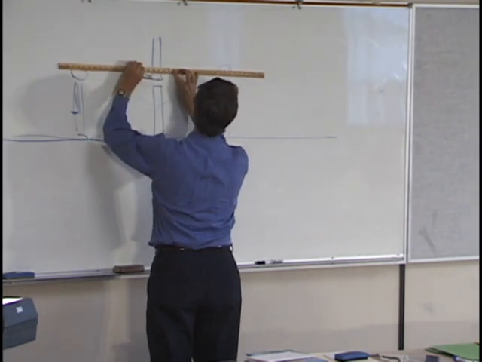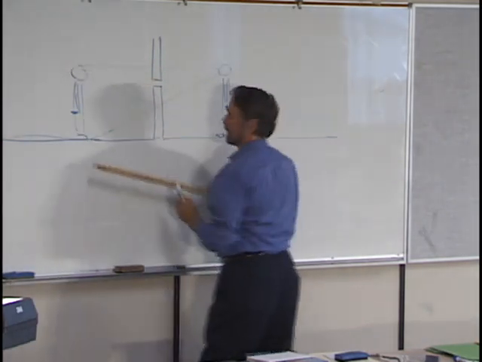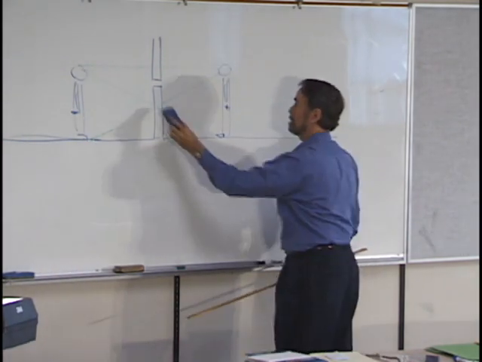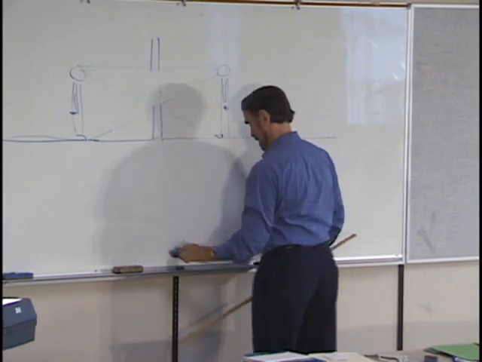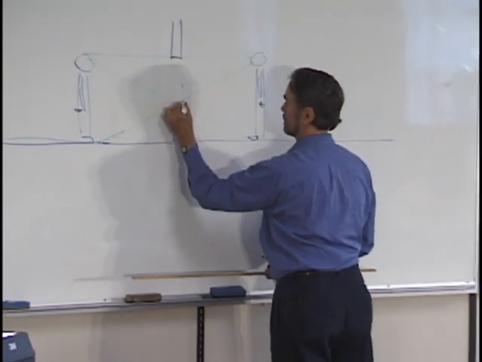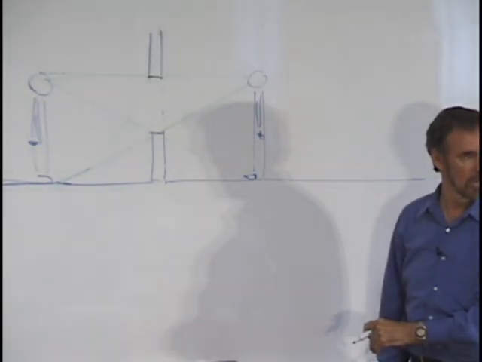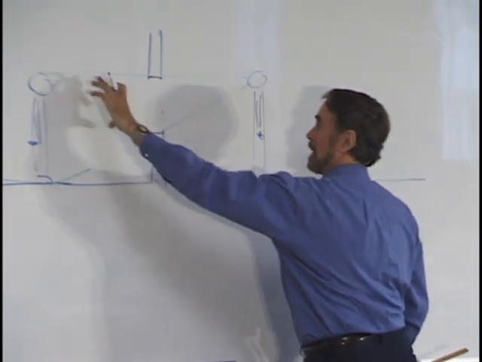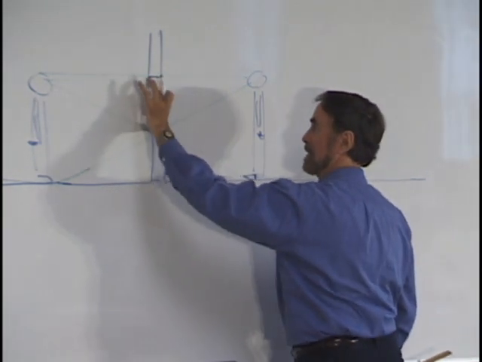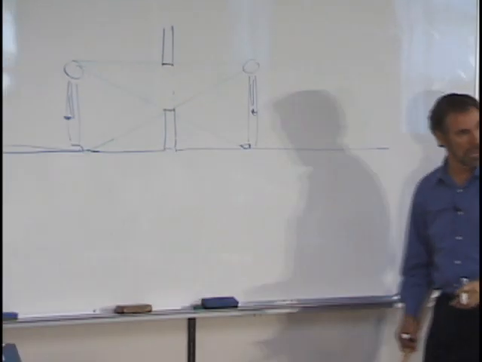So, gang, what you can do is you can cut away this part right in here. And each person will see all of themselves. So it turns out this is halfway down, halfway up. It turns out this is half size. If these are 6 feet people, a 3-foot opening would work.